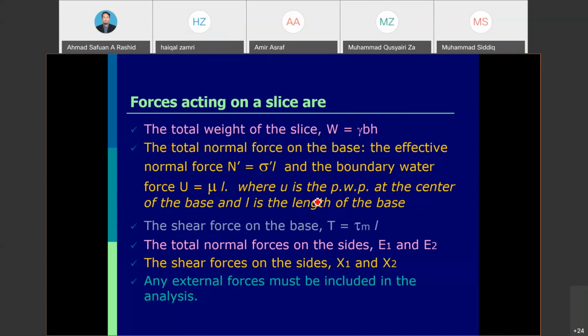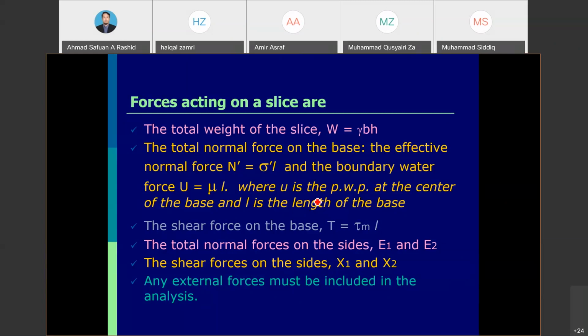Then the boundary water represents the U, where U is the pore water pressure at the center of the base and L is the length of the base. In many approaches for finite slope, this is the most comprehensive method.